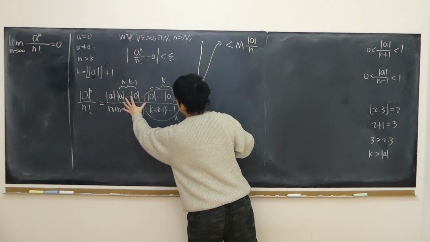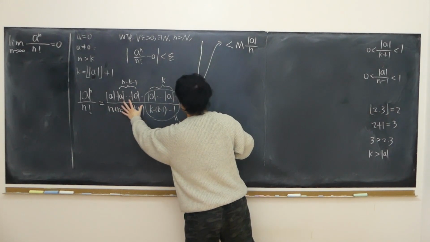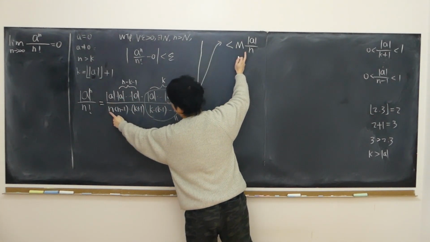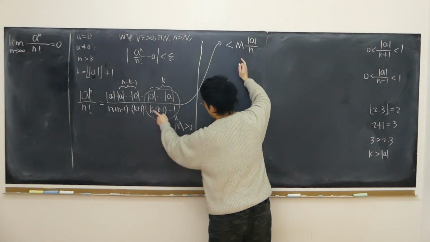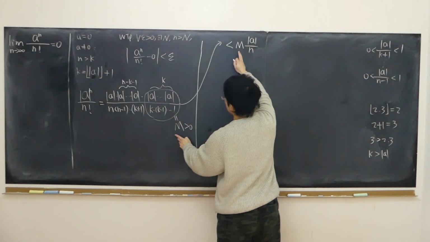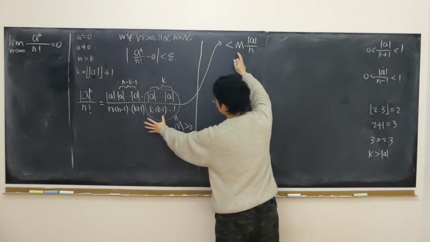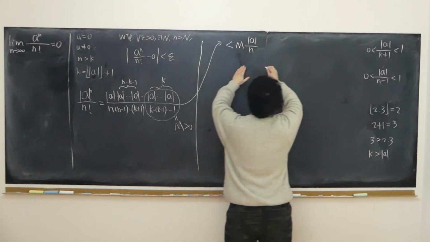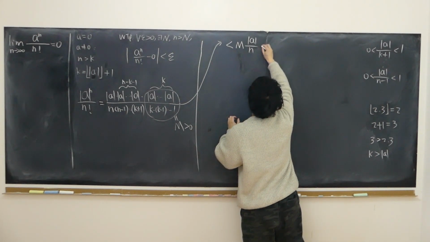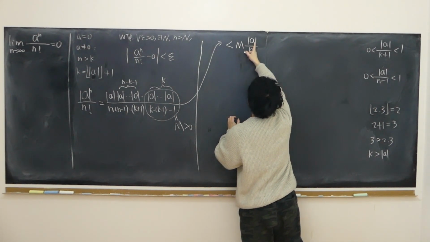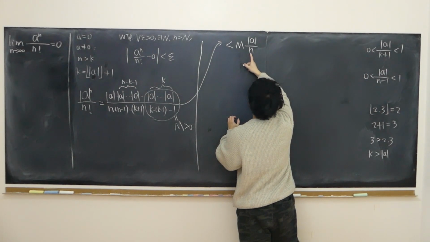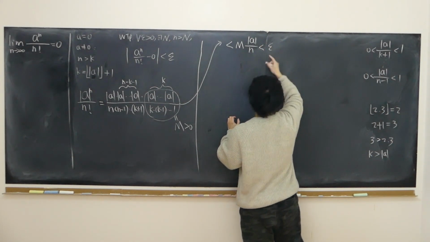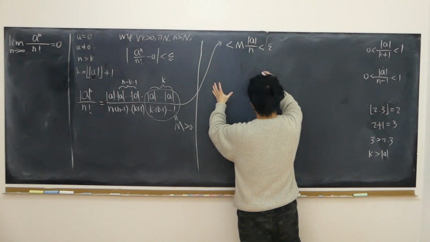So therefore, this part becomes 1, becomes larger, and absolute value of a over n still remains, and also this part denoted as capital M still remains. So this is indeed enlarged. Therefore, constant, except for n, right? So I just need to let this be less than epsilon. Then I can solve for n.